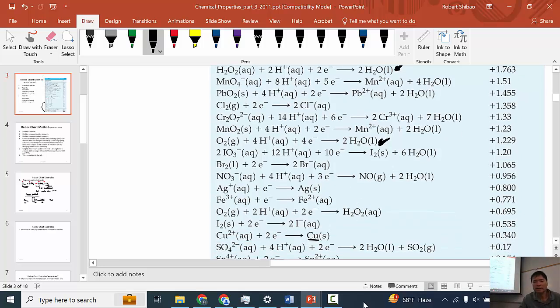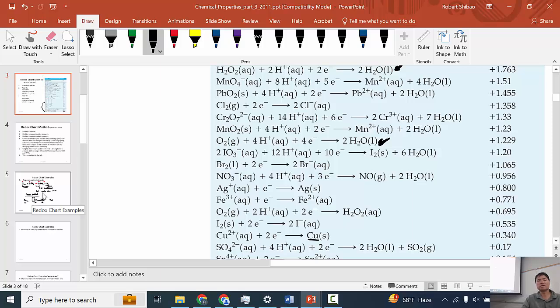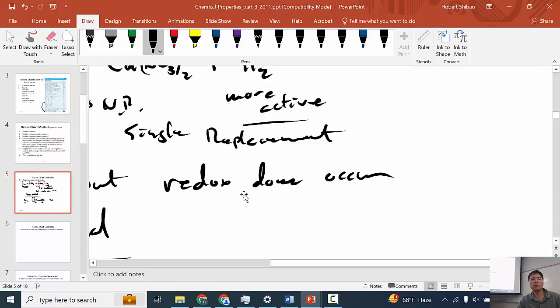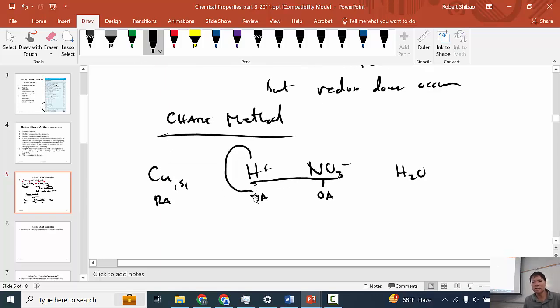And so water is like, there's not a fancy word for this, like there was for acids and bases. Water can go either way, and so it can act both as an oxidizing agent and a reducing agent. And then we pick the strongest. The strongest reducing agent, it turns out, is copper.